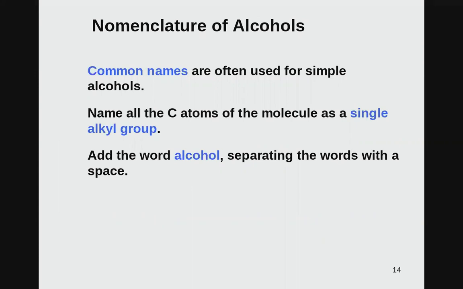So there are some pretty common names that we see for alcohols out there. You'll see these just like at the store. If we have some simple alcohols, we typically use common names to describe them. Basically, in these common names we name all the carbon atoms of the molecule as a single alkyl group, and then we add the word alcohol after, with a space in between.